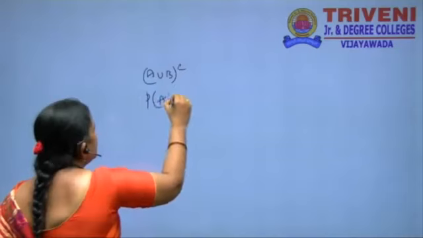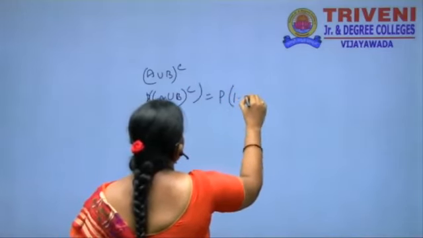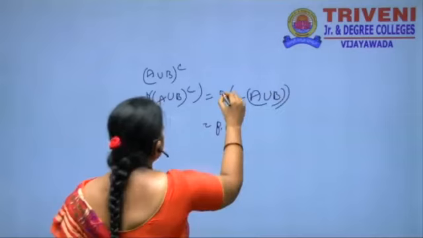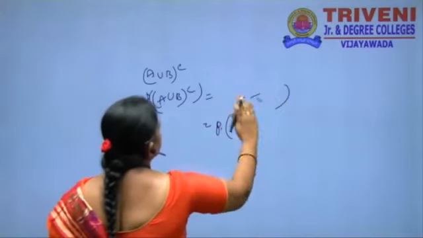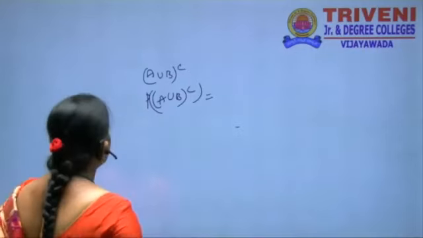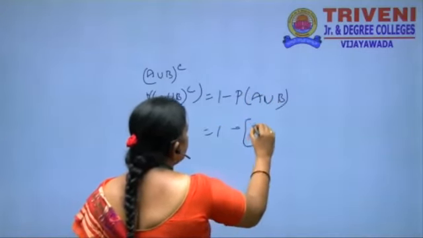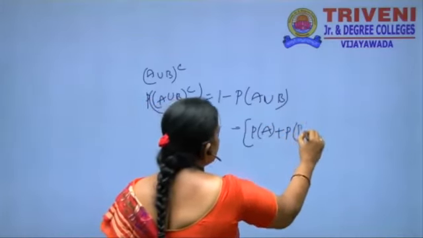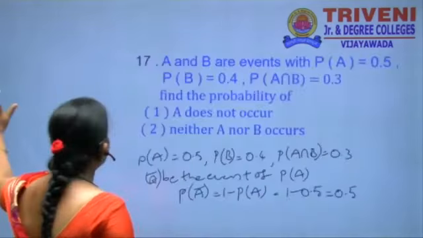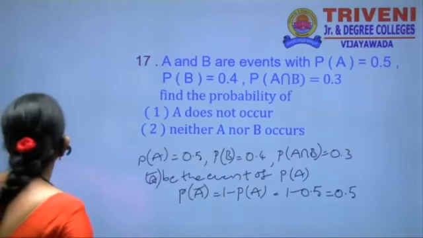P of A union B whole complement can be written as 1 minus P of A union B. That is equal to 1 minus, P of A union B is nothing but P of A plus P of B minus P of A intersection B. Then substitute the values of P of A is 0.5, P of B is 0.4 and A intersection B is 0.3.